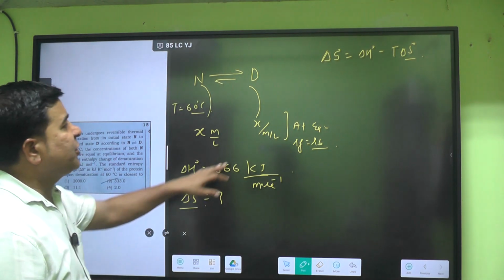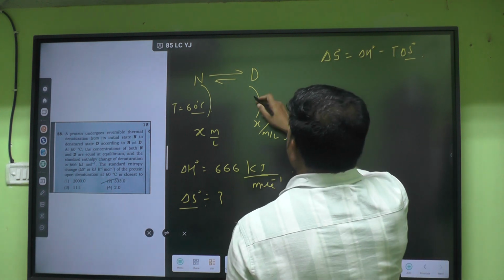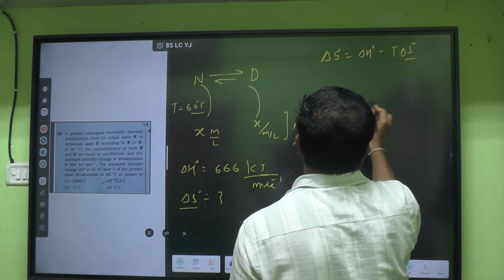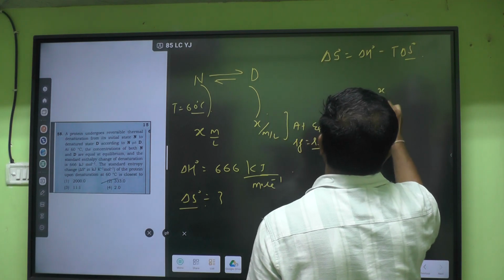Remember here, both concentrations are equal. That means what is the K value, the equilibrium constant? It is the concentration of product upon concentration of reactant.